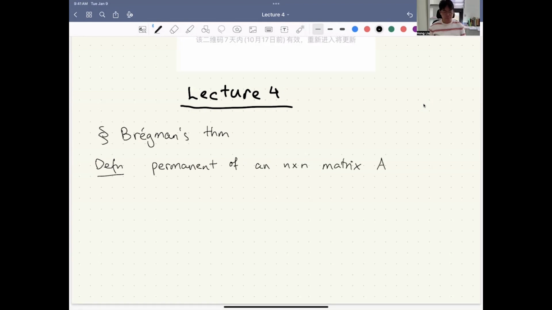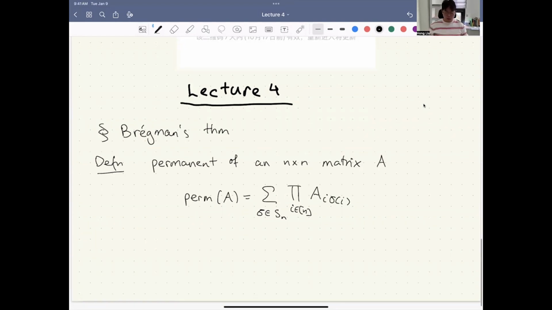A is nothing but the sum over all permutations in the symmetric group on n elements, the product of the transversal corresponding to this permutation.